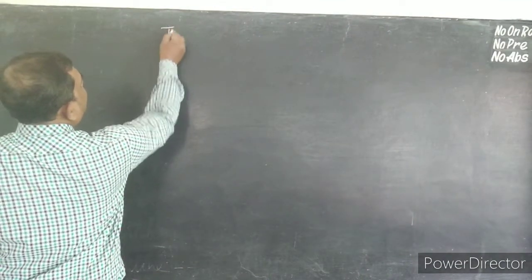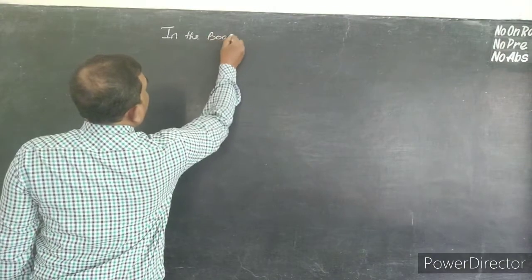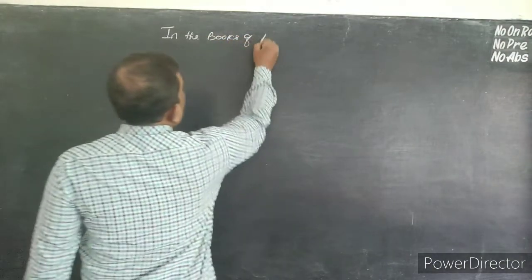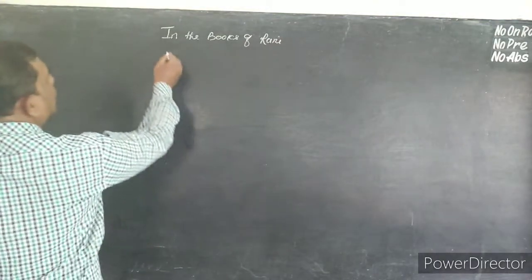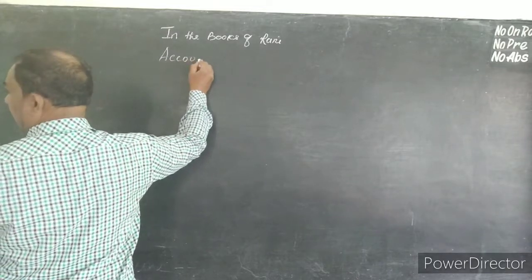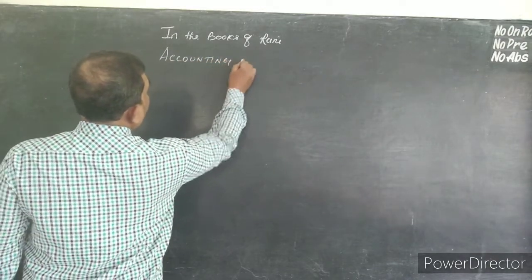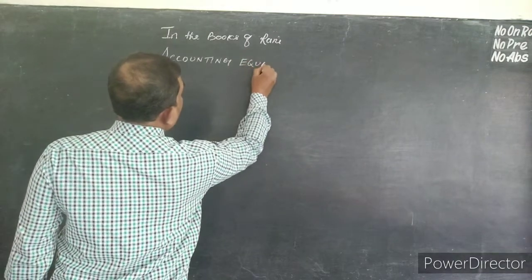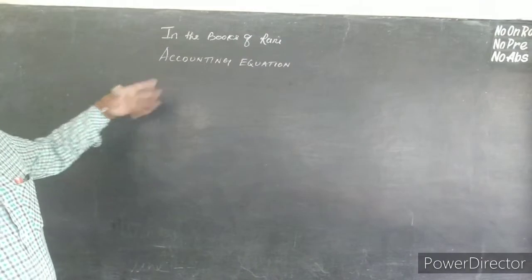First you have to put, in the books of Rani, accounting equation. This is the topic, and it should be centered.